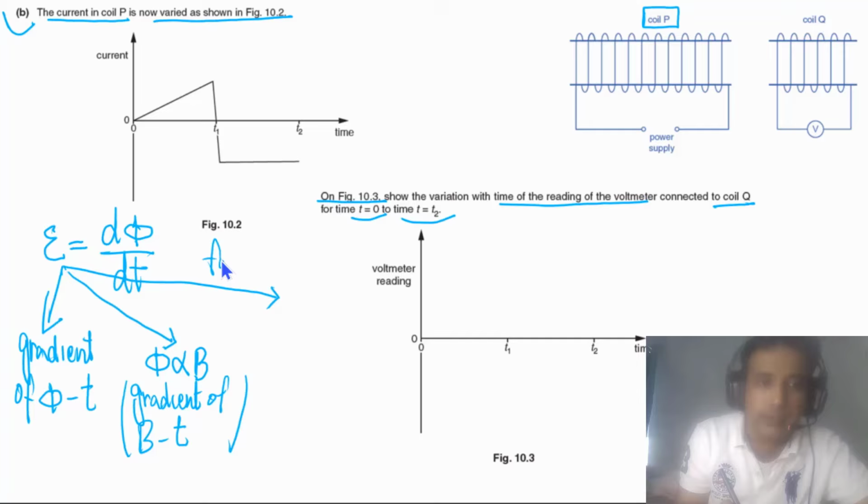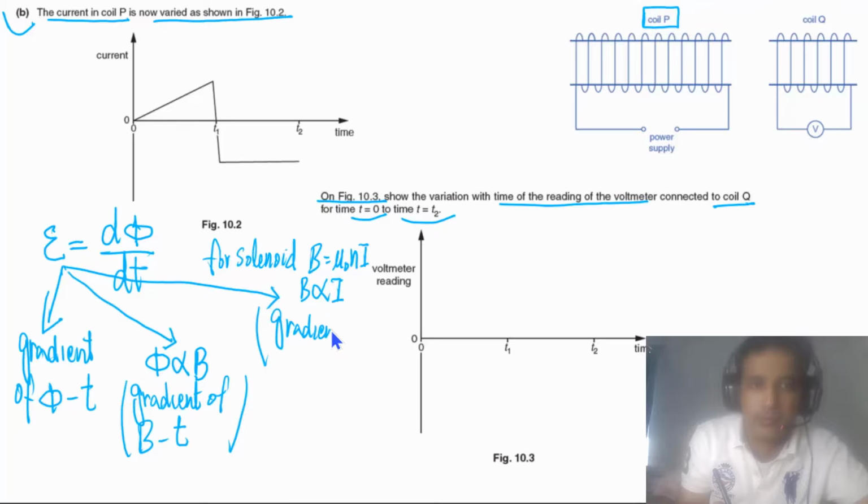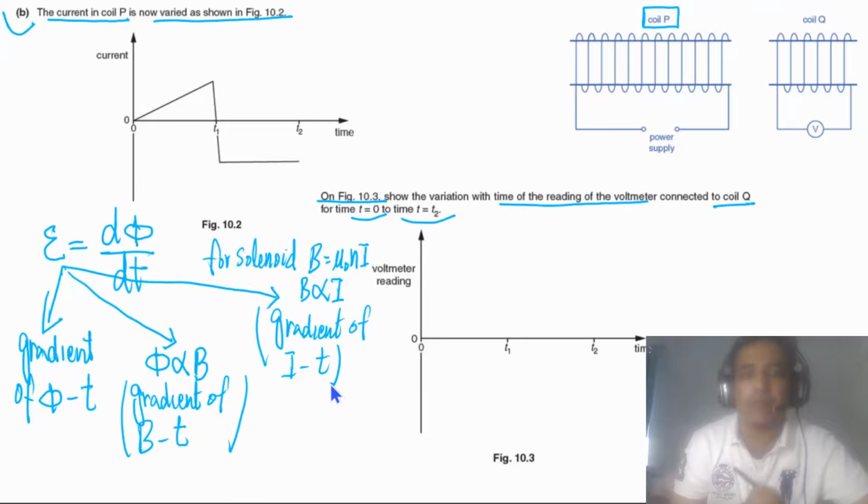For a solenoid, meaning for a coil, B is equal to mu naught N i. So from here we can say B is also directly proportional to I. So the gradient of the I-T graph also represents EMF.